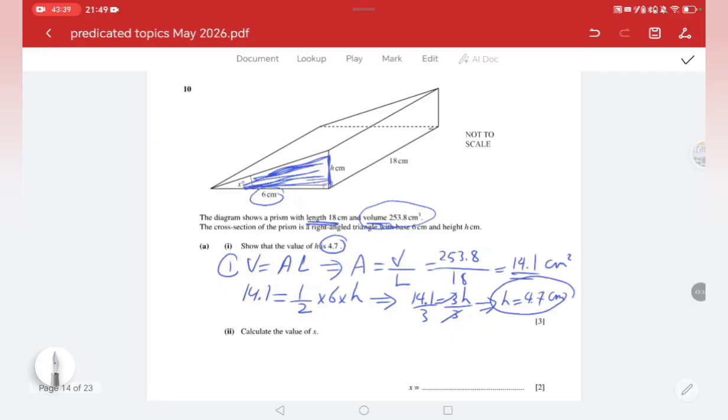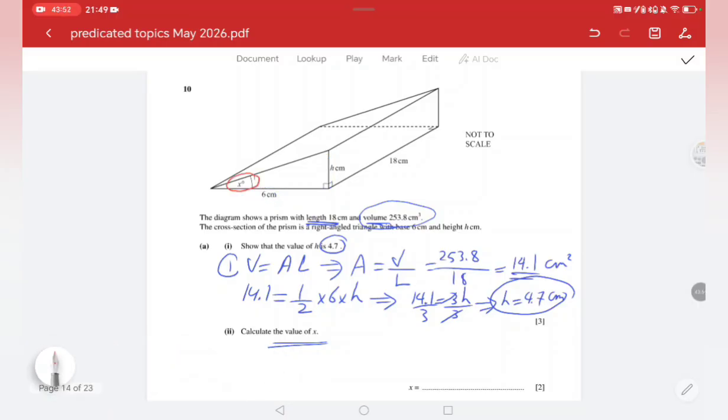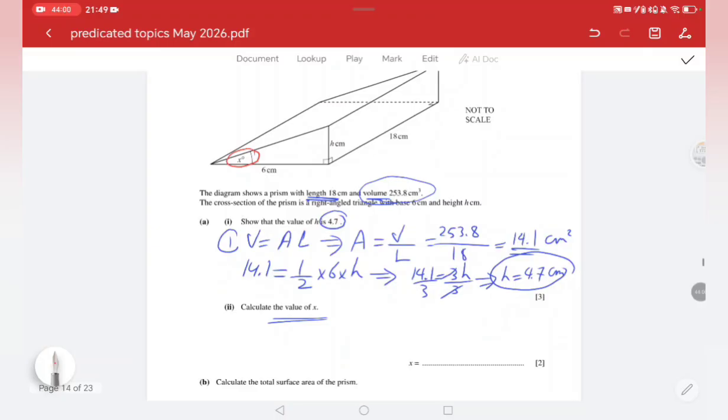centimeters. Now they said calculate the value of x. We need to find this angle. How can we find this angle? This is a right angle triangle and there is an angle involved in the question, so we have to use trigonometric ratios. You have the opposite and the adjacent, so use tan.